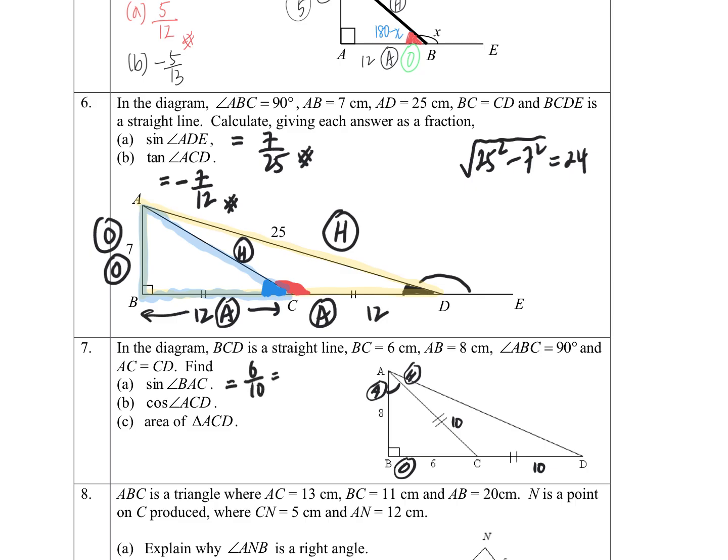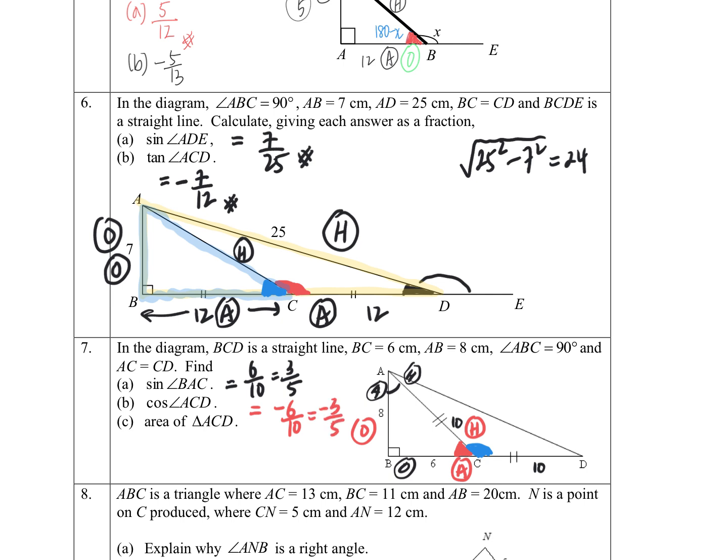So give me 3/5. Okay, what is cosine ACD? The one next door. So I look at the acute beside it. So H, A, O. What is the cosine? Negative 6 over 10. So negative 3 over 5.